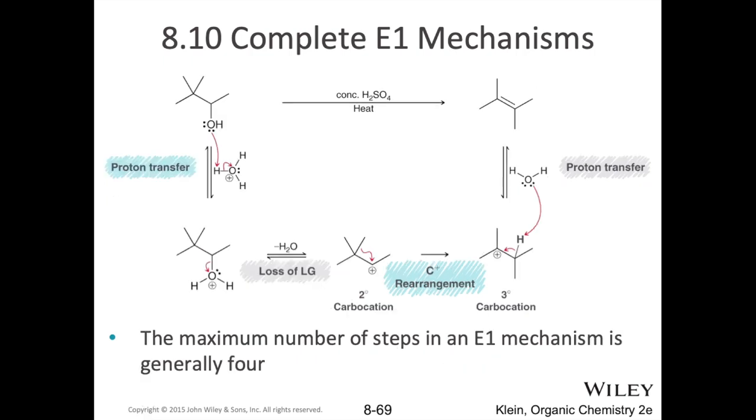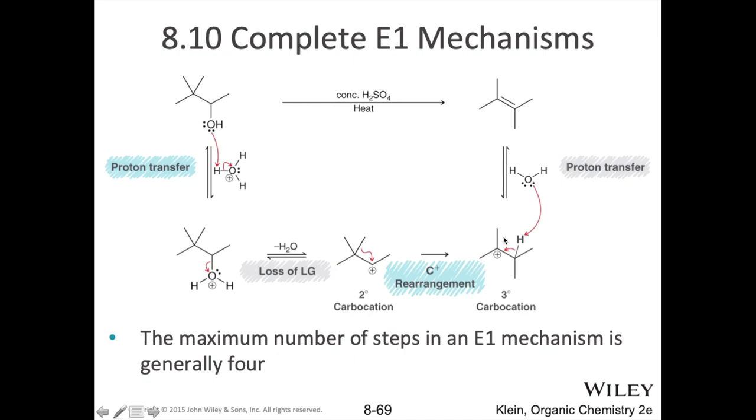Here's an example with both things involved. So again, we have our alcohol group, which is not a great leaving group, so we have to start off with a proton transfer to make it a better leaving group. Okay, so we protonate our alcohol group, it leaves as a water molecule, and there's that loss of a leaving group step that's important. The resulting carbocation is a secondary carbocation, and so if you look at its nearby carbons, we see that if we move this methyl group over, we get a tertiary carbocation.